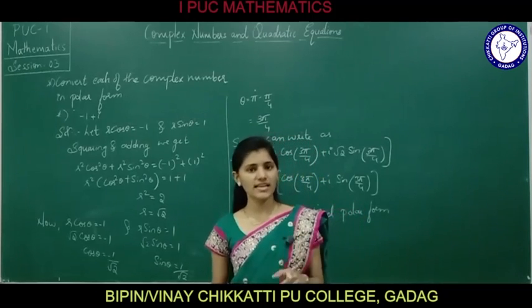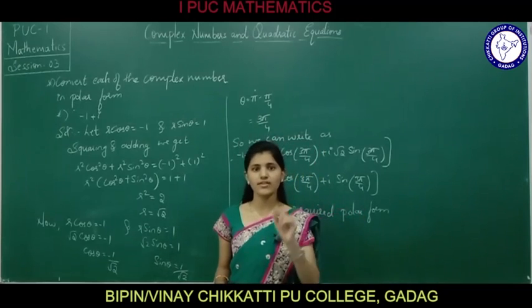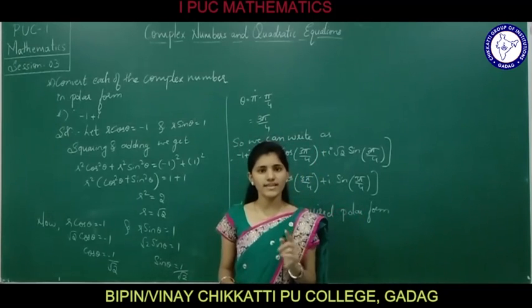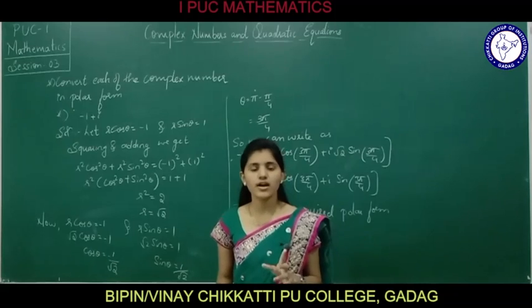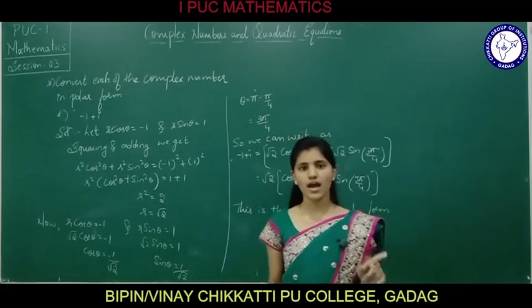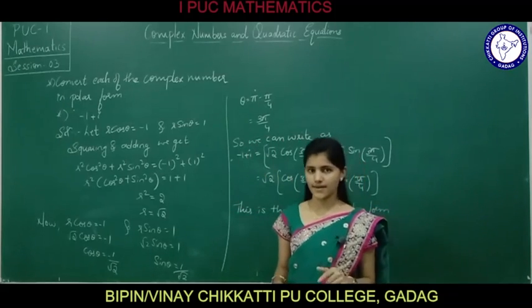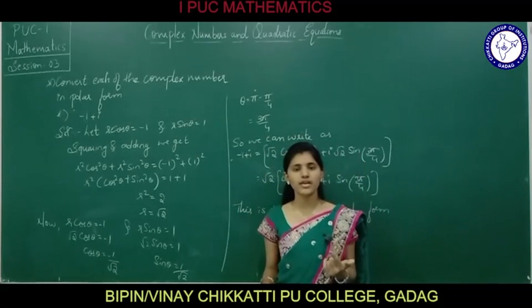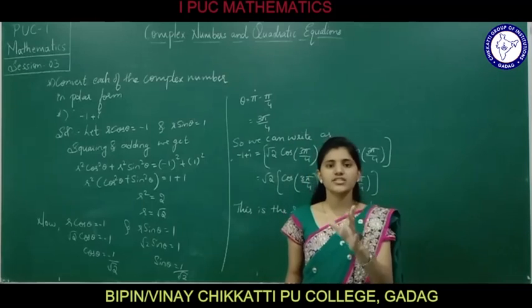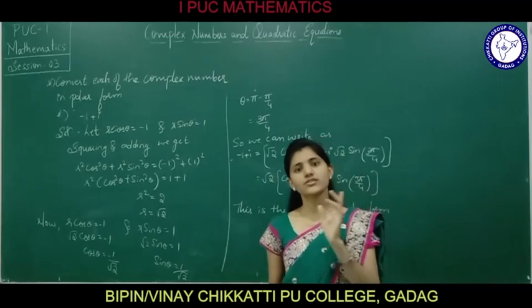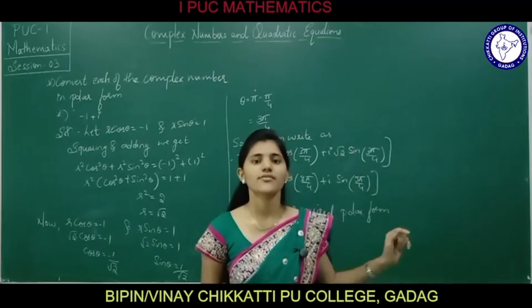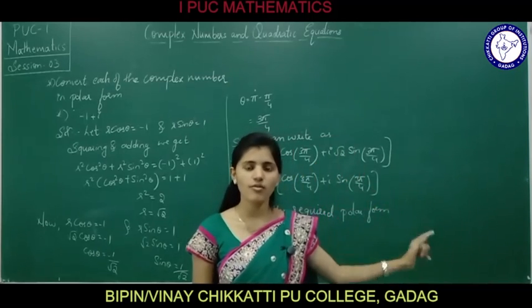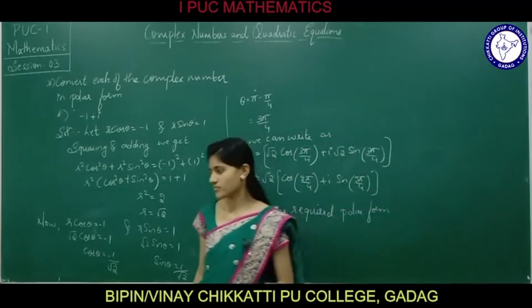So here we are going to find the value of r. On finding the value of r, we substitute it in place of r in r cos theta and r sin theta. By that we come to know which quadrant theta lies in. Once we know that, we can easily write it in polar form.